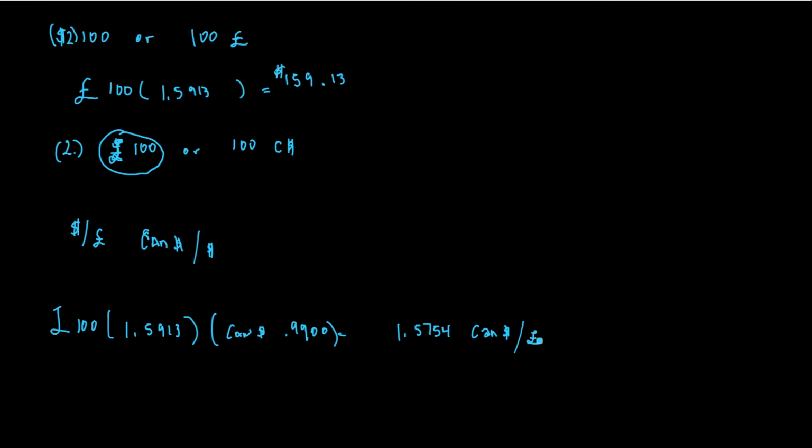So here what we need to do is figure out the cross rate for British pounds in terms of Canadian dollars. We have Canadian dollars, and we want to get British pounds. So we say 1 pound equals how many Canadian dollars?